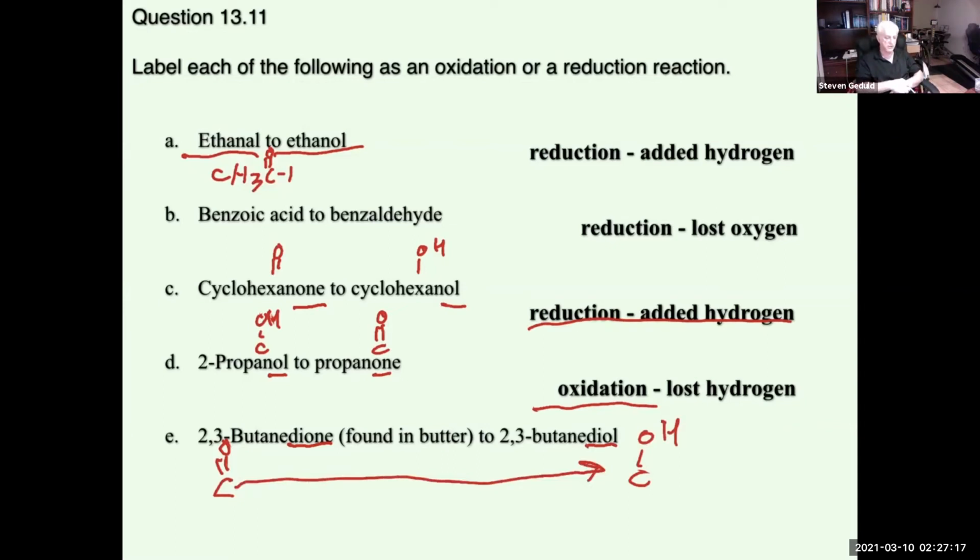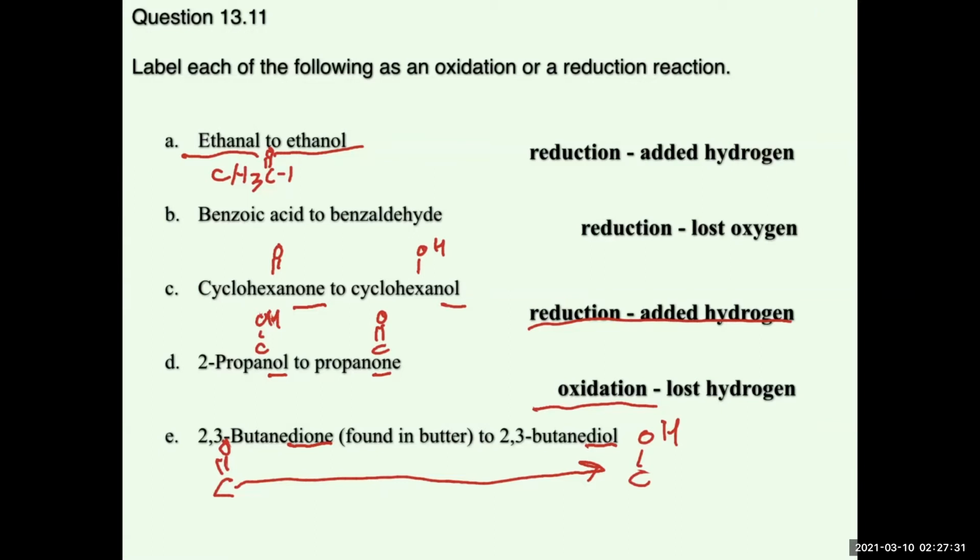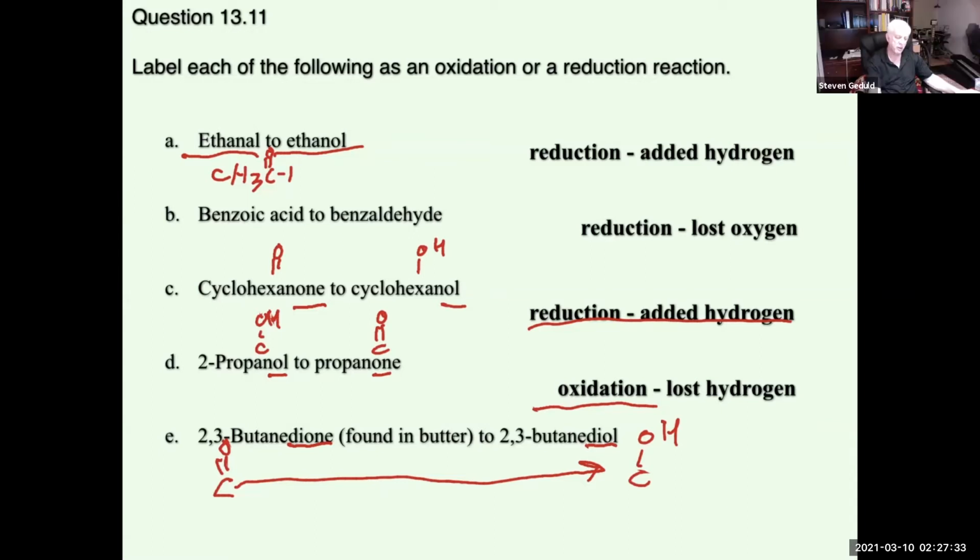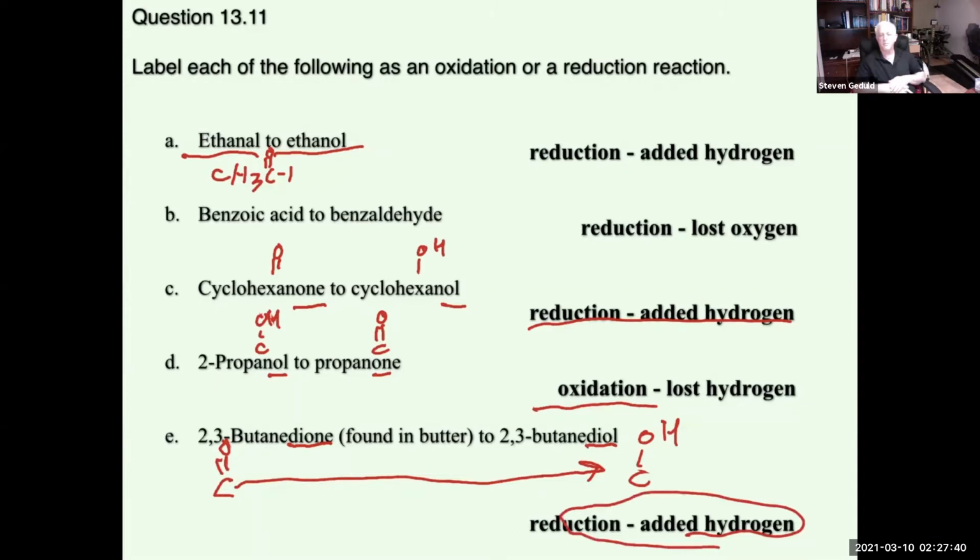That one doesn't have the answer there yet, so you've got to come up with it on your own. You've gone from a ketone to an alcohol. Is that oxidation or reduction? Reduction. You added hydrogen across that double bond. Perfect. And that's reduction and oxidation.